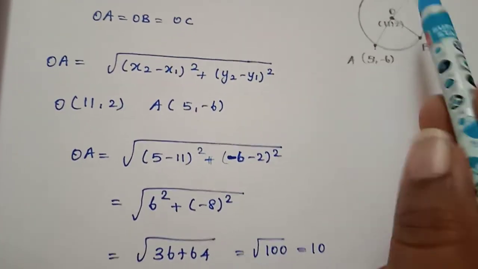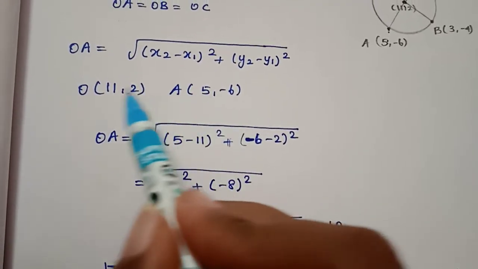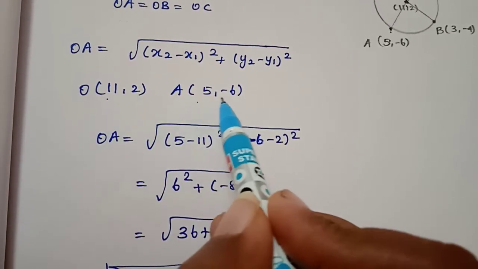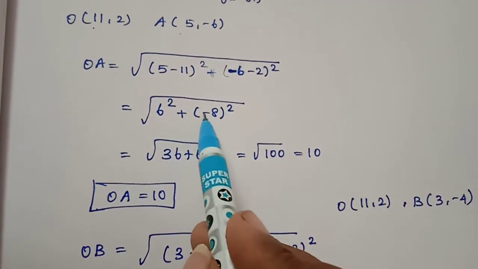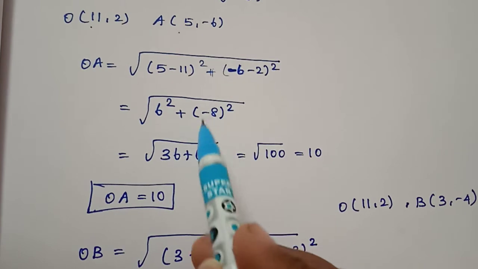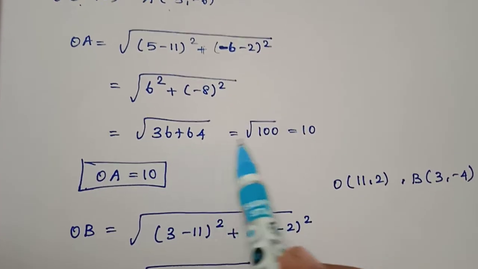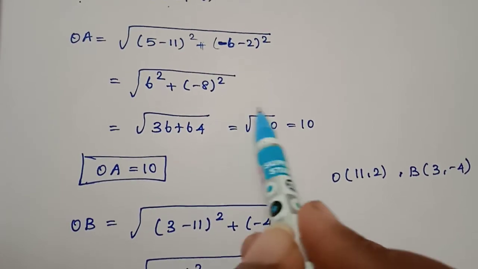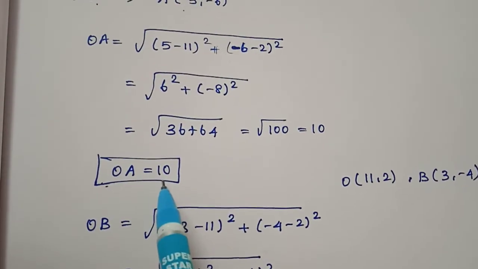I have taken them in this order. So A is (5, -6). We will consider O as x1, y1 and A as x2, y2. Substitute the values. Then here we get (-8) the whole square. When you square a negative number, you get only a positive number. You add it, and we get 100. The root of 100 is 10. So OA is 10.